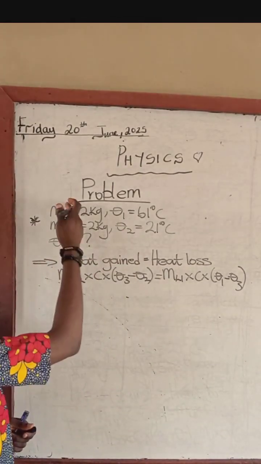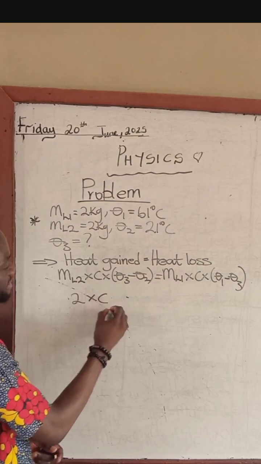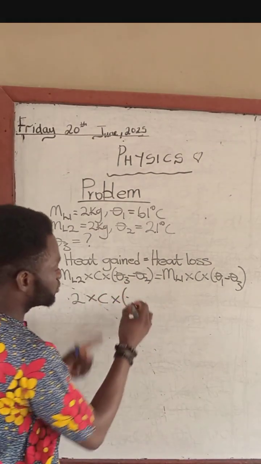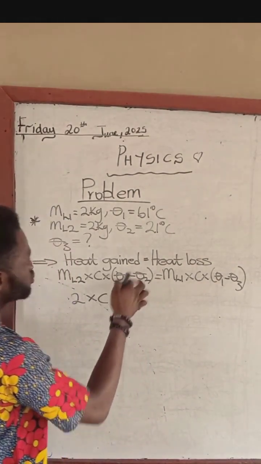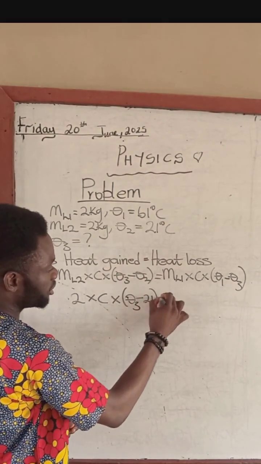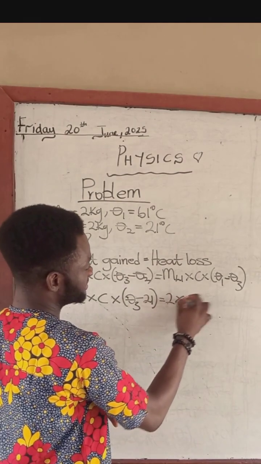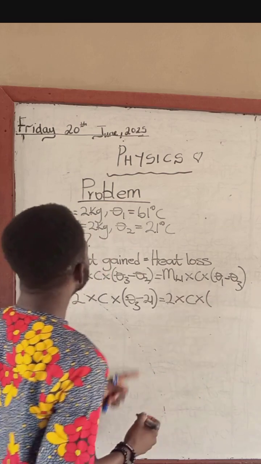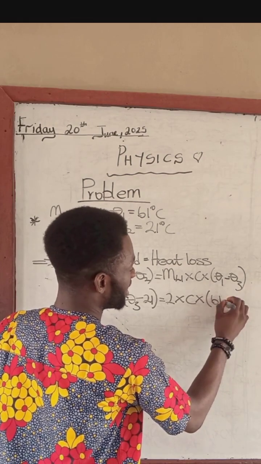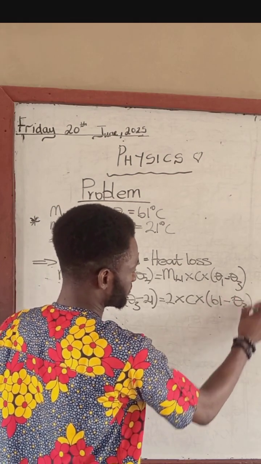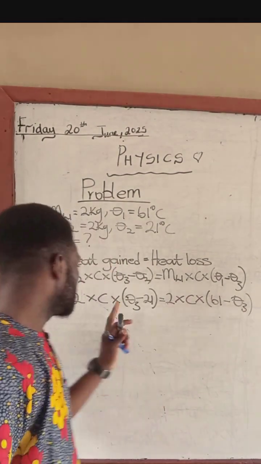So let's start. mL2 is given to us as 2, times C, times theta 3, which is what we are looking for, the final temperature of the mixture, minus our theta 2, which is 21. All of this will be equal to mL1, the same 2 kilograms, times C times theta 1. Theta 1 is 61 degrees Celsius, so that's 61 minus theta 3. Remember, our focus is to obtain the final temperature of the mixture, theta 3.